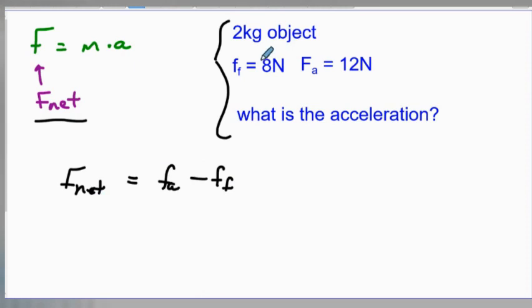You'll notice that I have not written my force of friction as a negative number, even though it's in an opposite direction. So I'm going to have 12 newtons subtract 8 newtons, and I end up with a positive 4 newtons. Once again, that is telling me that this object is going to get faster.